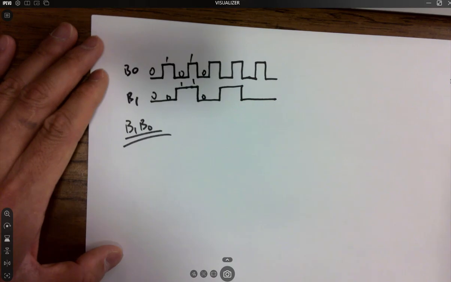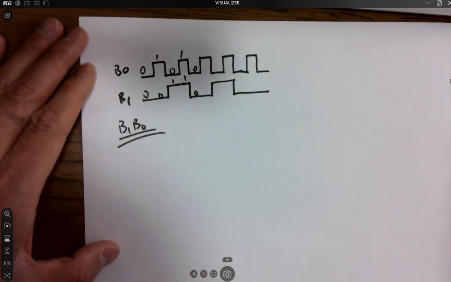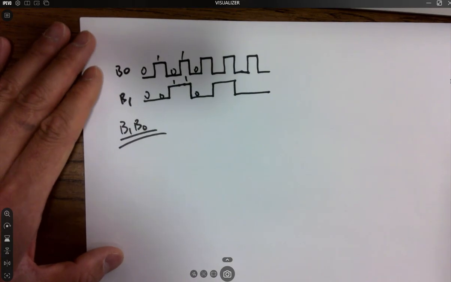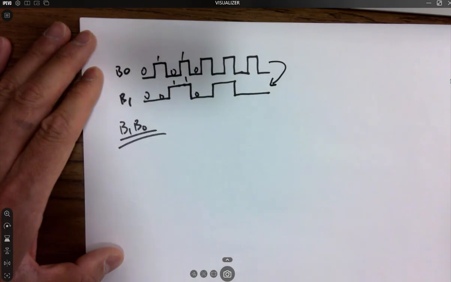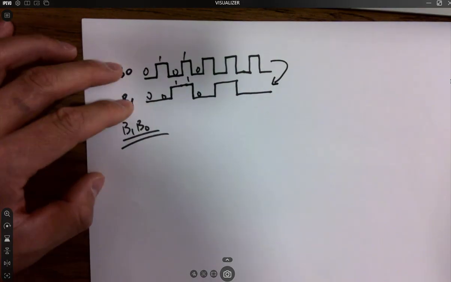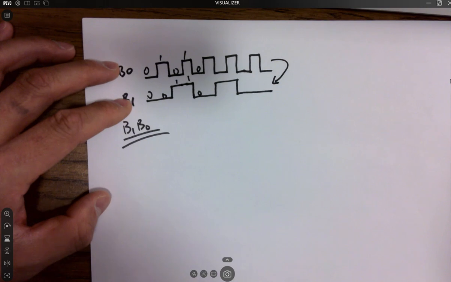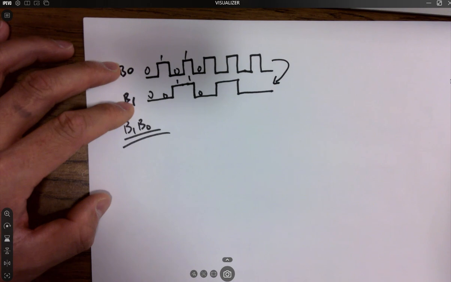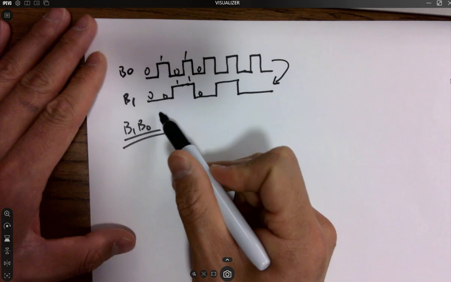So a counter is basically a frequency divider. If you divide this frequency by 2, and you form these 2 signals and combine them into one binary number, it becomes a counter. Does that make sense? You can keep doing that.